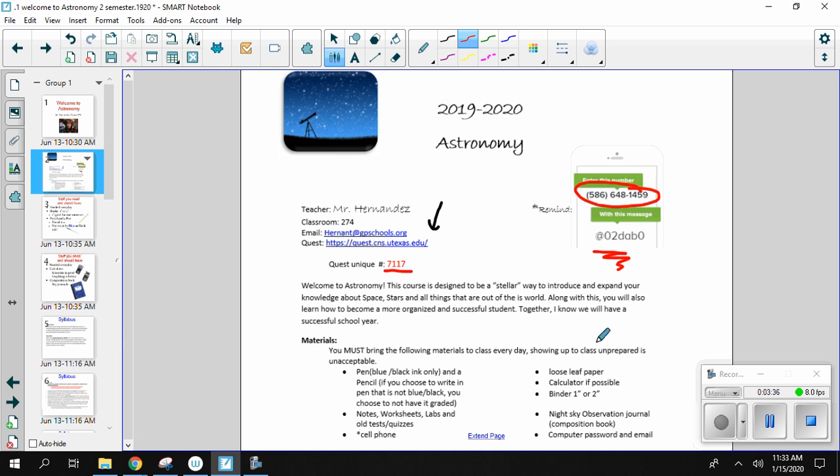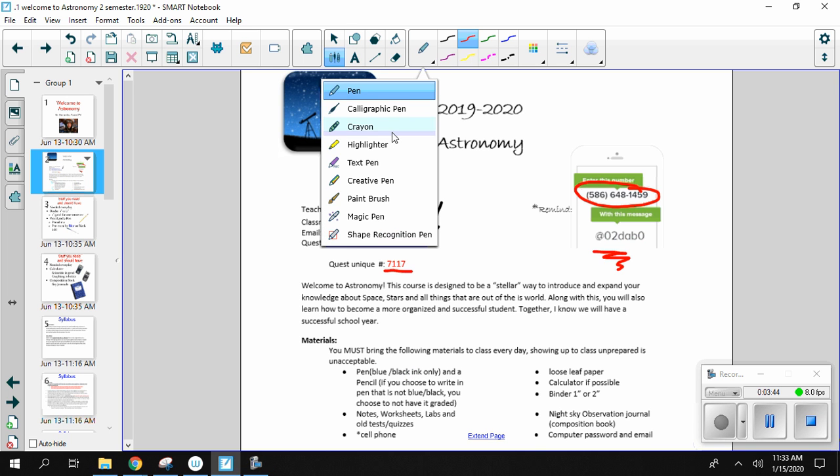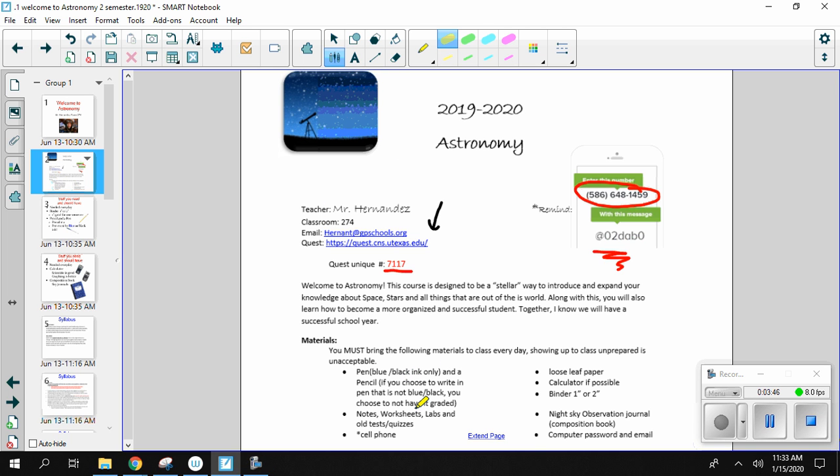Okay, so let's go through this. Materials that you are going to need. Pen, preferably blue or black ink. You'll get some notes. I will print those off for you. Any worksheets or labs. Cell phone. You're going to need this until the district goes to that whole bring your own device, and then I'll have to figure out how we're going to do that in each class. So for right now, cell phone.